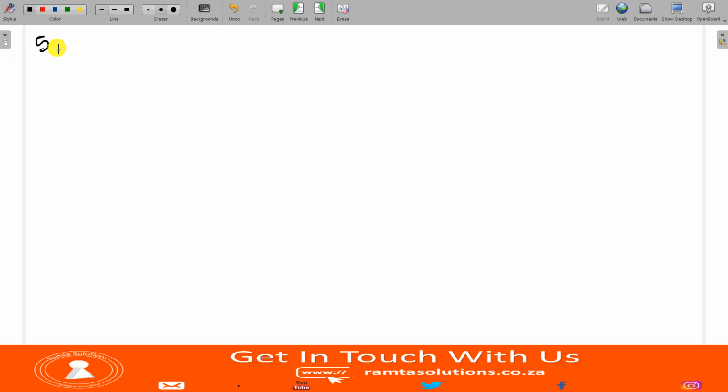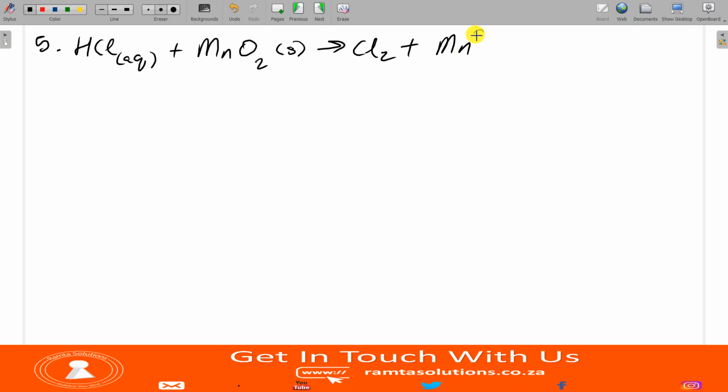We have hydrochloric acid aqueous plus, we're going to call this guy here, MnO2, manganese dioxide, not magnesium. This is manganese. It's a solid phase, giving us chlorine gas plus manganese 2 plus ions aqueous.